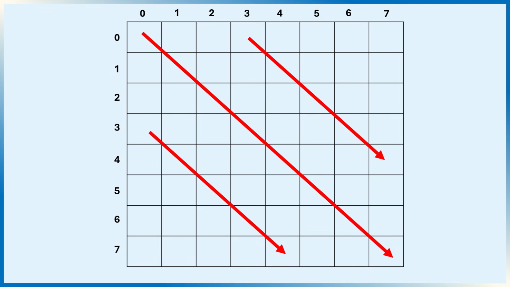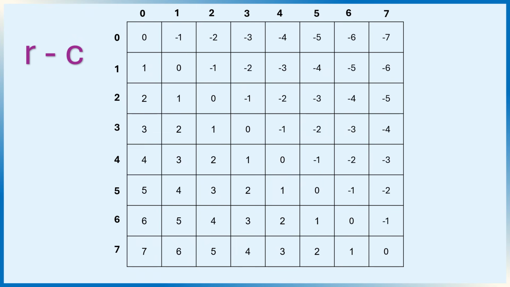So let's start with those diagonals, the ones that go this way. If we calculate row minus column, we get the following results. As you can see, each diagonal has a unique number. We can use this to our advantage when writing the constraint.